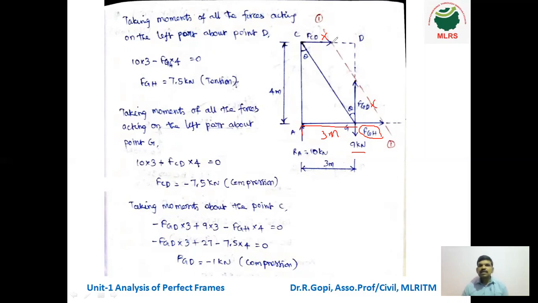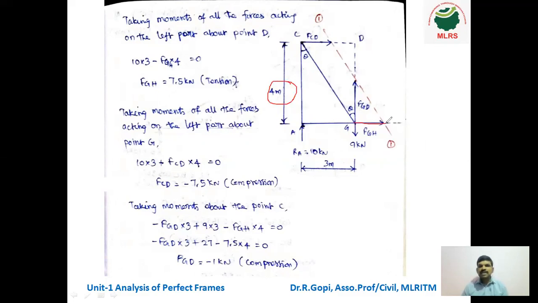FCD and FGD lie at the same point, D. But FGH is somewhat different because it runs from G to H, so there will be a perpendicular distance. What is that perpendicular distance? 4 meter.